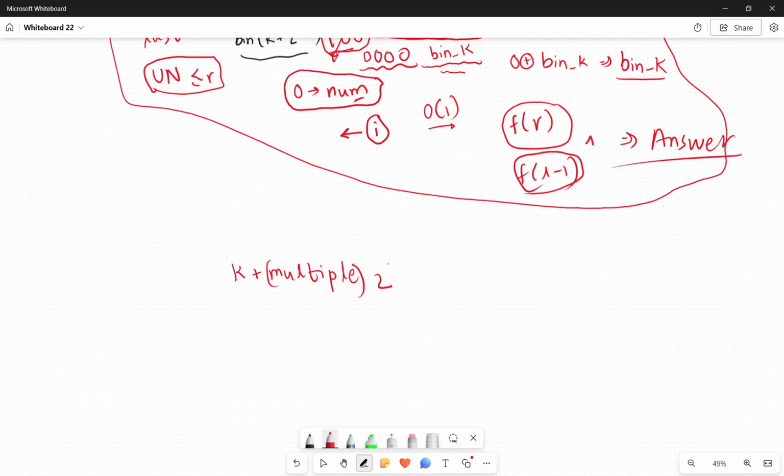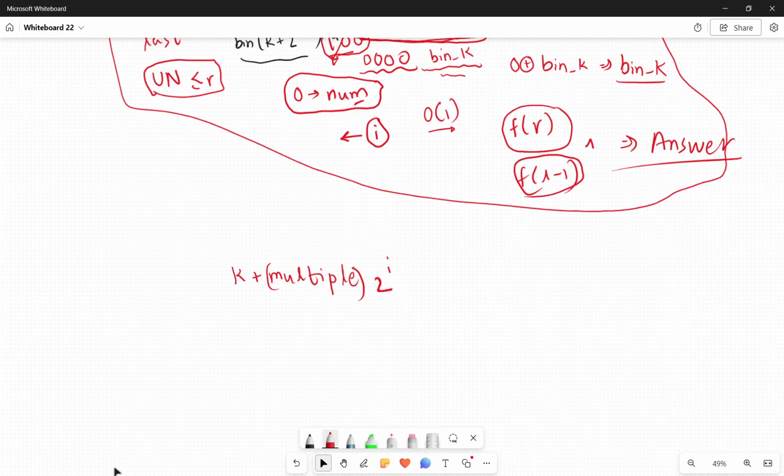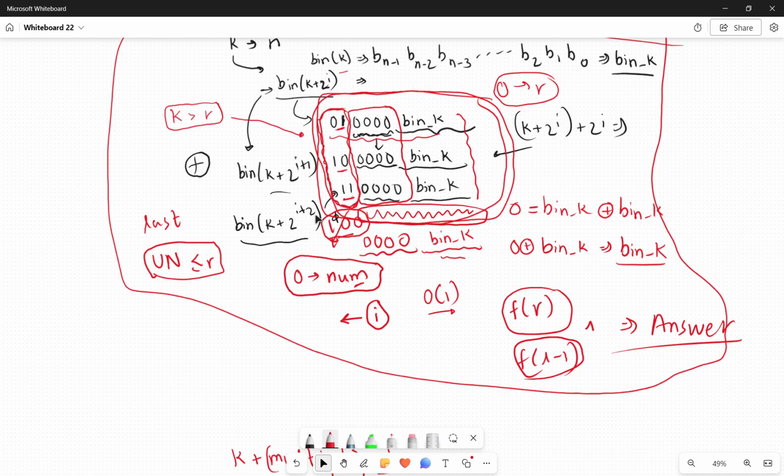Multiple into 2 to the power of I, right? So this is the thing. Wait, is this multiple? Yes, this is multiple, right? Here it should not be I plus 2, sorry.